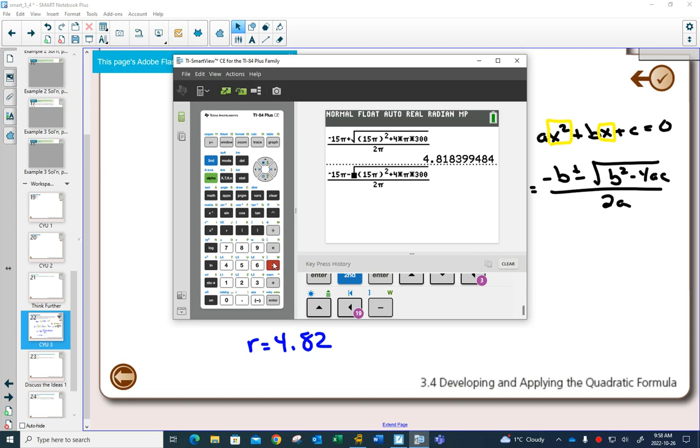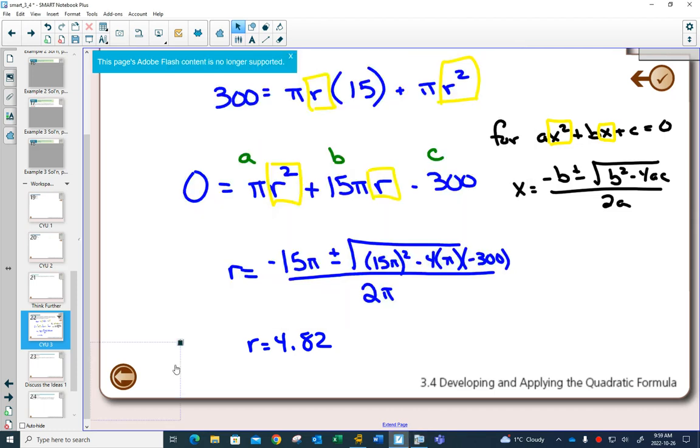Once with the plus sign, once with the minus sign. The graphing calculators, for those of you who have a graphing calculator wondering how I retyped it so fast, if you push the second button and the enter button, it takes an entry that you previously typed and just retypes it for you. So it's a little trick that can help make things go faster. If I push enter on this one, I get negative 19.82.